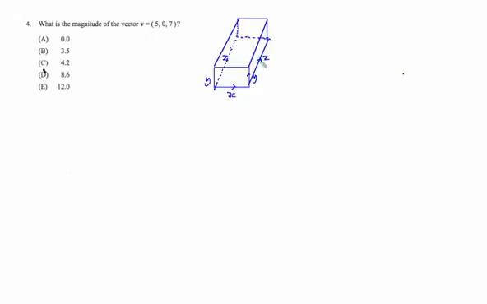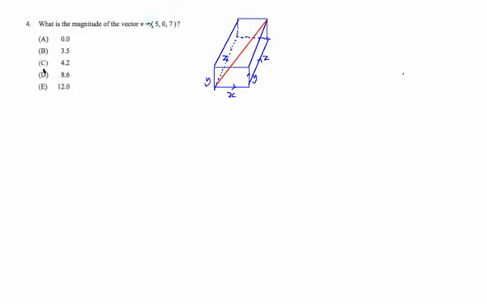Now to find the magnitude of a 3D vector, basically you are supposed to find, actually it is this length. This is the magnitude of the vector with three axes x, y, z.